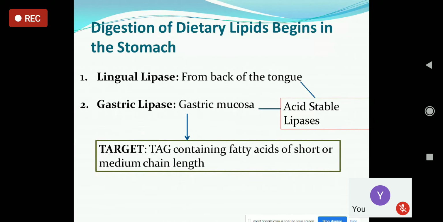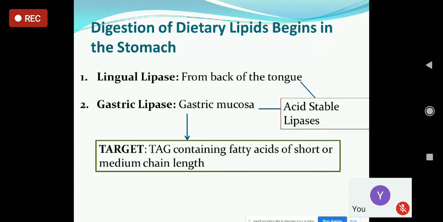It has 3 fatty acids. Glycerol esterified to 3 fatty acids is triacylglycerol. Normally, there are long chain fatty acids esterified to glycerol to make triacylglycerol, but this lingual lipase only acts on triacylglycerol molecules which have fatty acids of short or medium chain length.